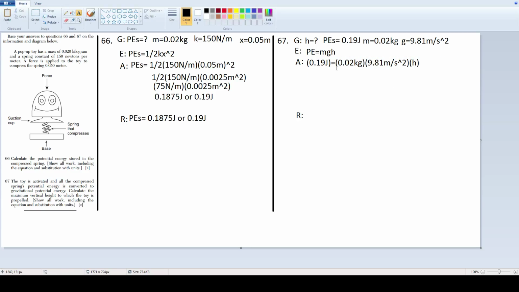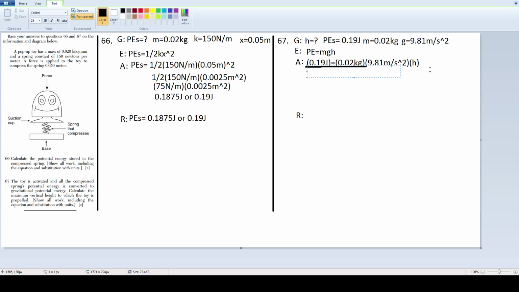Next, I will divide both sides by 0.02, and if I divide both sides, it will cancel out on the right side, and it will divide the left. Let me just write it quickly here. If we write that, then it will be equal to 9.5.